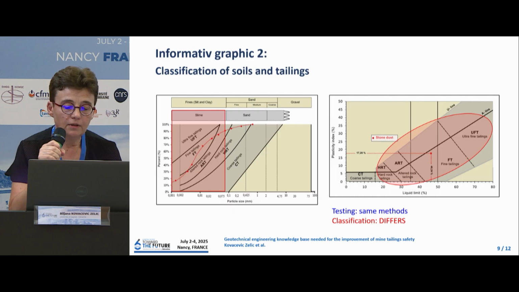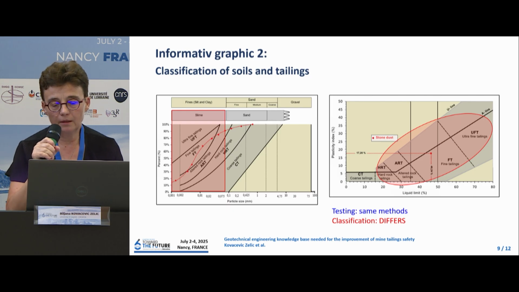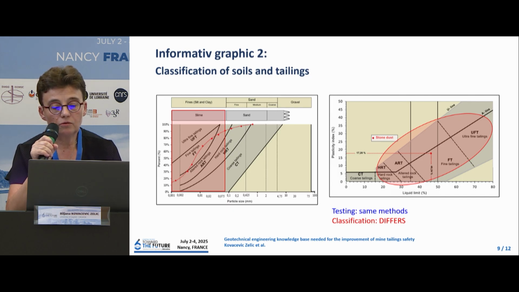And there is an even much higher difference if we compare the plasticity chart. And you can see there that in tailings management, you have 5 different groups, but they do not follow the same logic as we are doing in soil mechanics. So the A line does not divide cohesive and non-cohesive, or plastic and non-plastic materials.